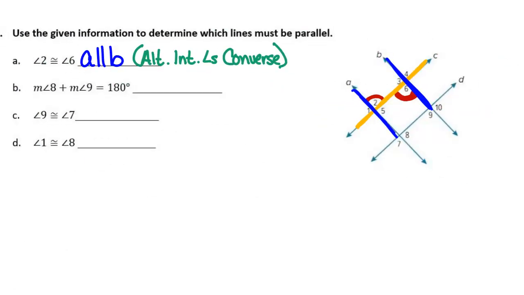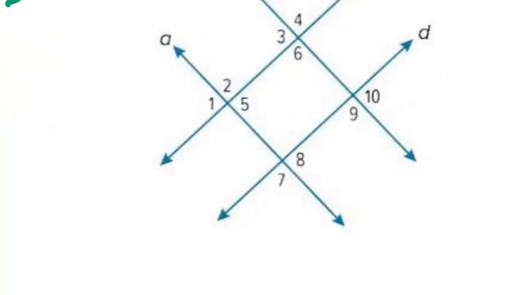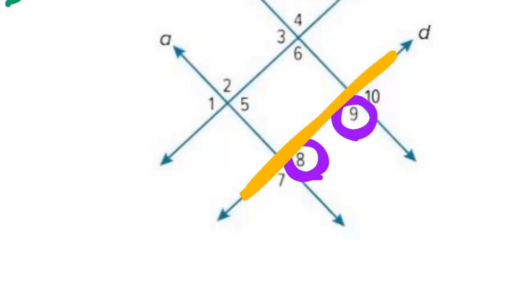All right, let's go look at the next pair of angles. It says angle 8 and angle 9 add up to 180, which means they're what kind of angles? Supplementary. What's the transversal that's connecting those two supplementary angles? D. What two lines does D intersect?